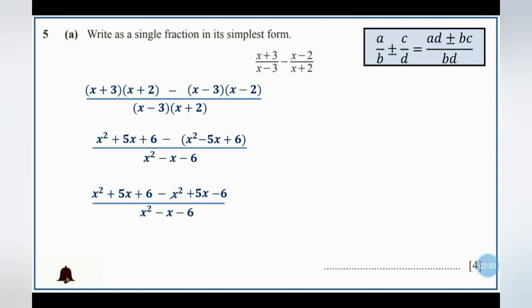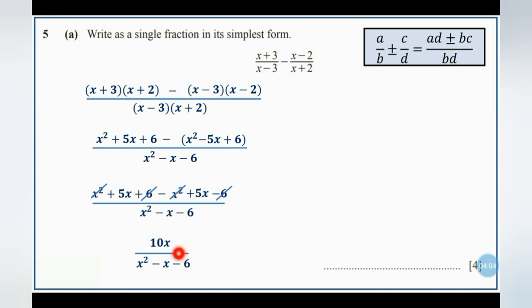Now let's remove whatever we can remove, and then I'll have 10x over that denominator. If you want, you can factorize the denominator, bringing it back to x minus 3 times x plus 2. That can be your final answer. But again, I can write my final answer like this already, since I was able to make it a single fraction in its simplest form.